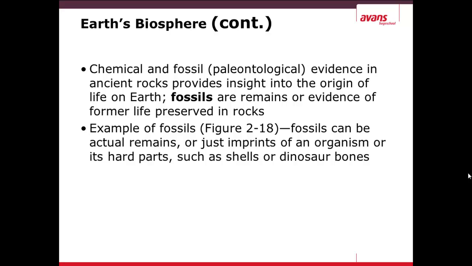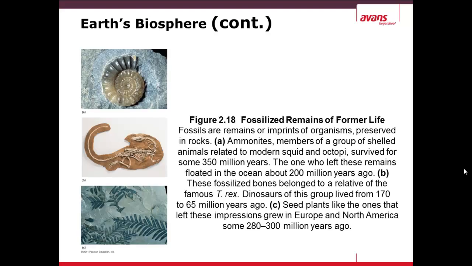These fossils can be actual remains, the petrified fossils, the stone-turned bones of creatures or their shells, or they can just be imprints of the organism, such as their footprints.